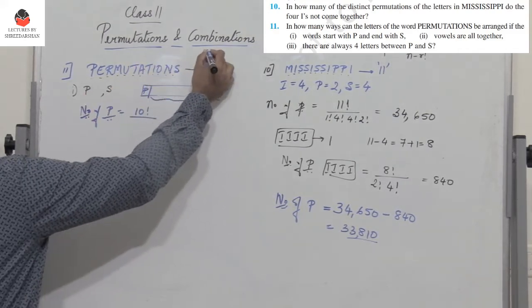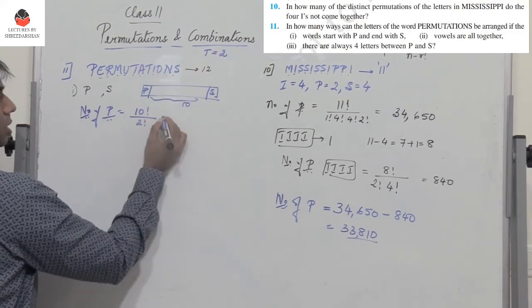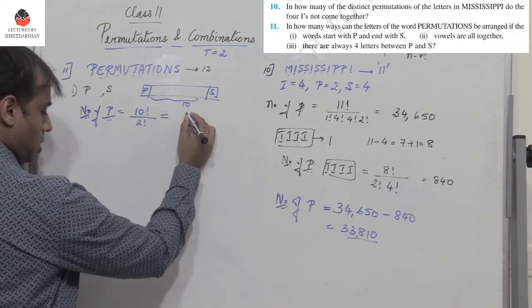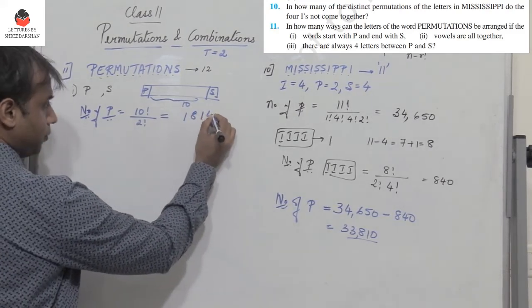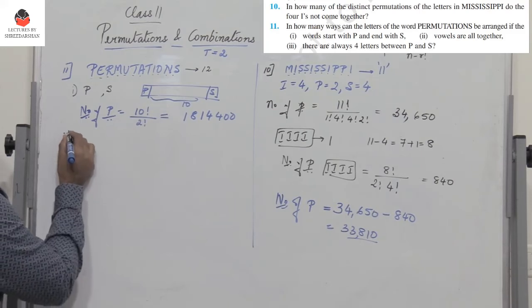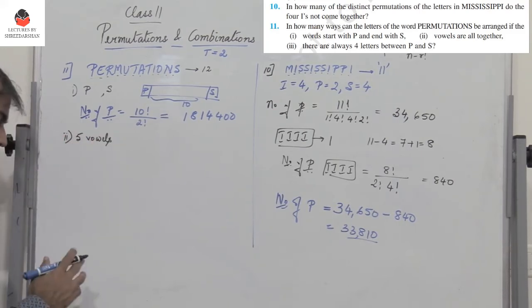I find that the alphabet T occurs 2 times, so it's going to be divided by 2 factorial. So 10 factorial divided by 2 factorial gives us 1814,400.